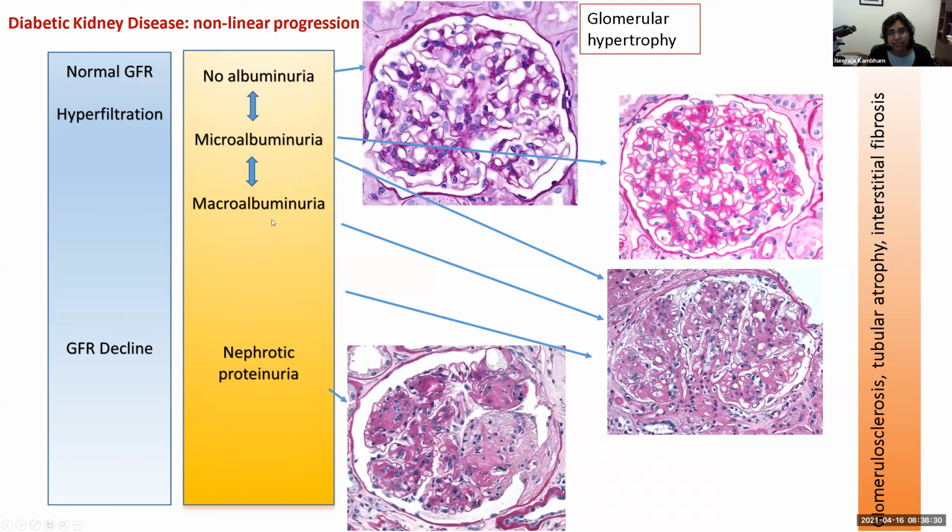As it progresses to macro, you will start seeing more of those changes, and nephrotic proteinuria. By that time, you will see nodular glomerulosclerosis, the classic features. While all this is happening, while we are focusing on the glomerular changes, there's increasing glomerulosclerosis, tubular atrophy and interstitial fibrosis as the kidney loses its function and becomes end-stage kidney.